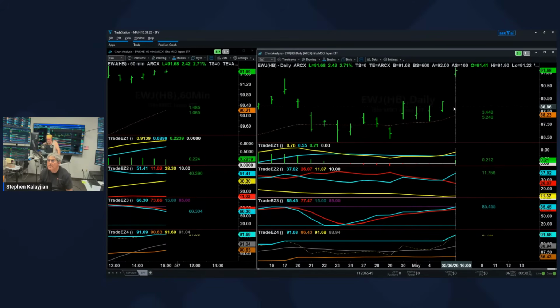S&P's 88. NASDAQ, unbelievable. Up 40 off the 60-minute time frames. Oh my God, look at it go. Look at the gold. $8 on that bull flag. Look at that gold.